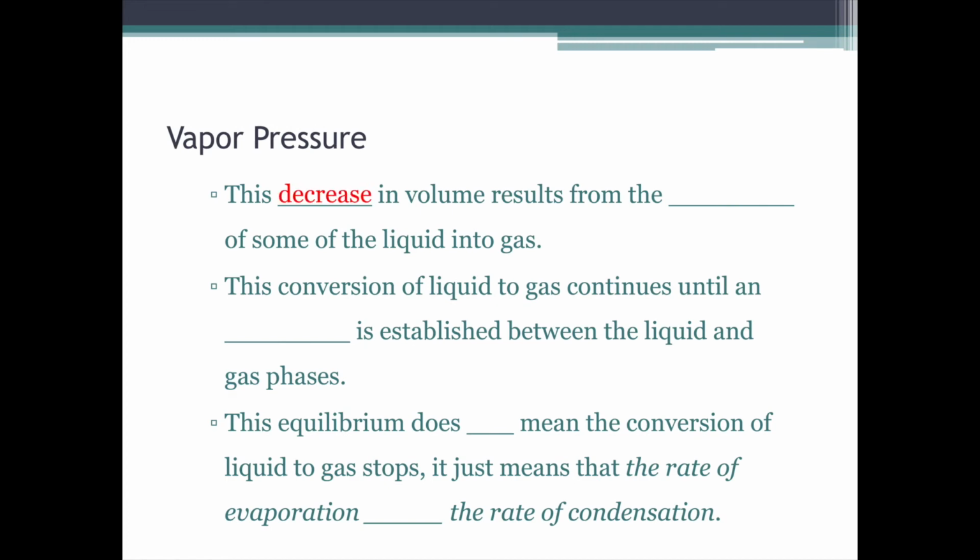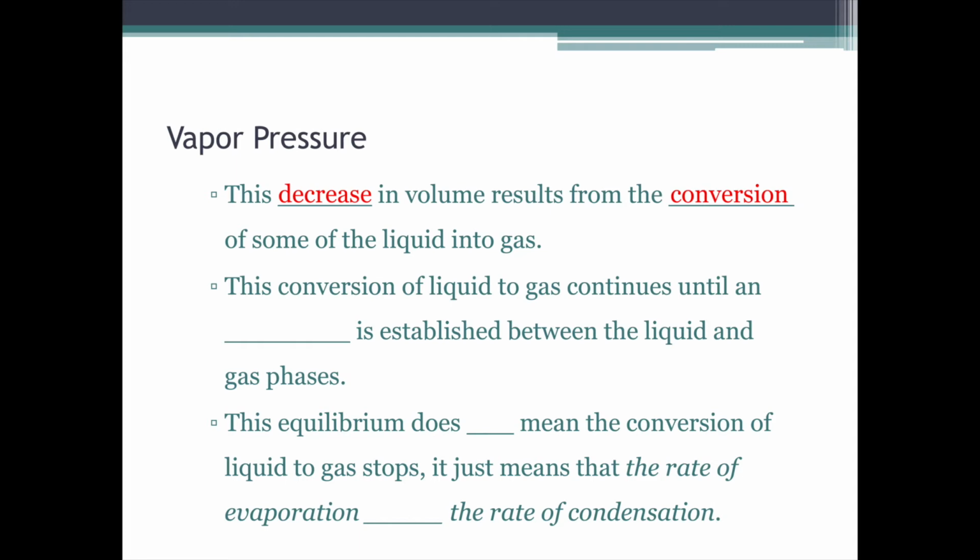So the decrease in volume results from some of the conversion of liquid to gas. If you think about it this way, if you leave a glass of water on the counter overnight or for a few days, eventually all of that water is going to evaporate away. But if you close the container, not all of it will evaporate.